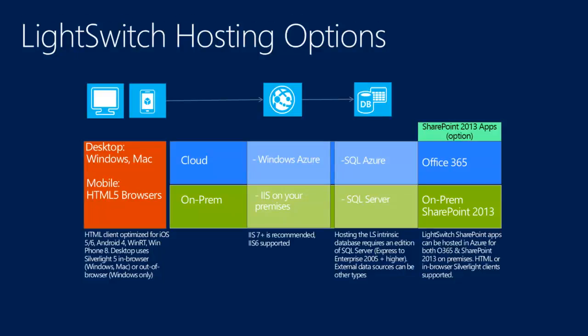Right now, iOS 5 and 6, Android 4, WinRT, Windows Phone 8, those with IE 10, all support the HTML5 standard very well. So those are the best devices that you can use. And then if you wanted to deploy into SharePoint, you could deploy either the in-browser Silverlight client or the HTML5. Okay, so with SharePoint, you just can't have an out-of-browser client because you're inside of SharePoint.